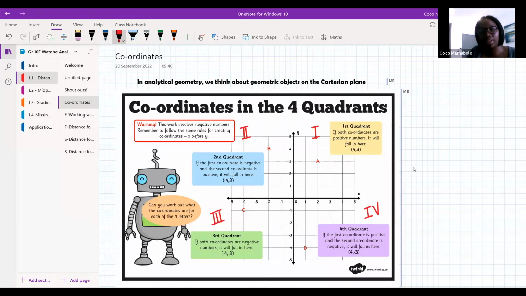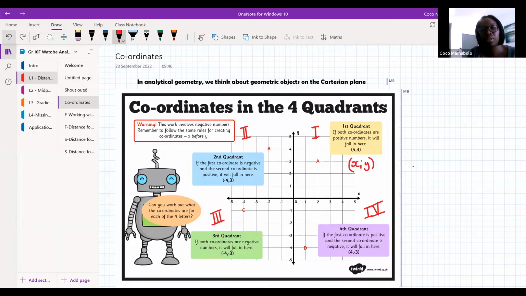If you look in the little blocks, the yellow, blue, green and purple blocks, you'll notice that in quadrant 1, both your x coordinate and your y coordinate are going to be positive. Because if you look over here, all my x coordinates are positive and all my y coordinates are positive.